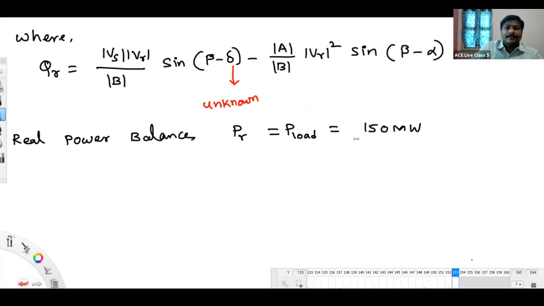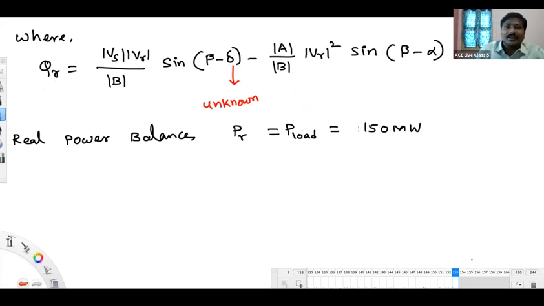Next, what is the equation for PR? It will come as it is, but sine is replaced with cos. Again, in that equation delta is unknown, but I know the value of PR, that is 150.